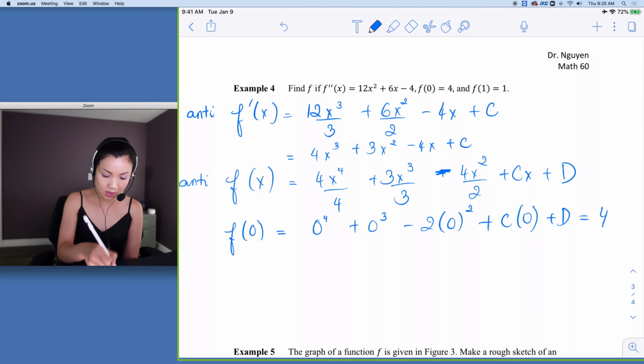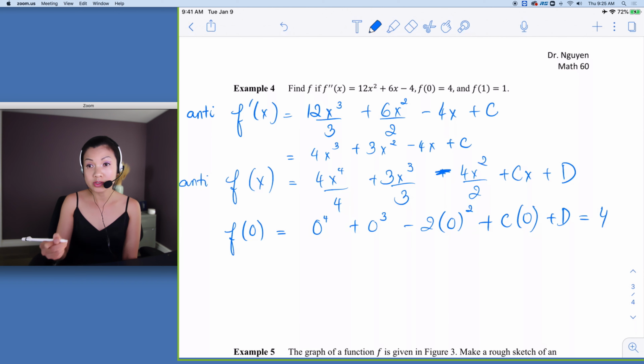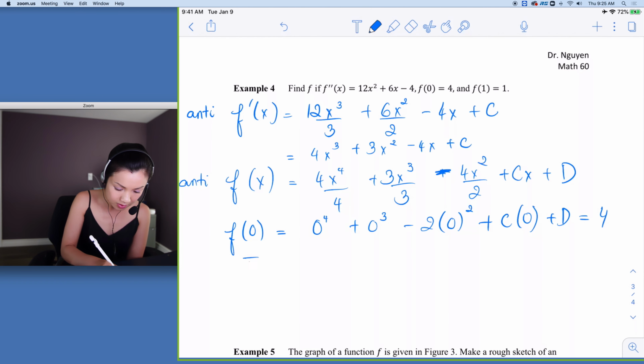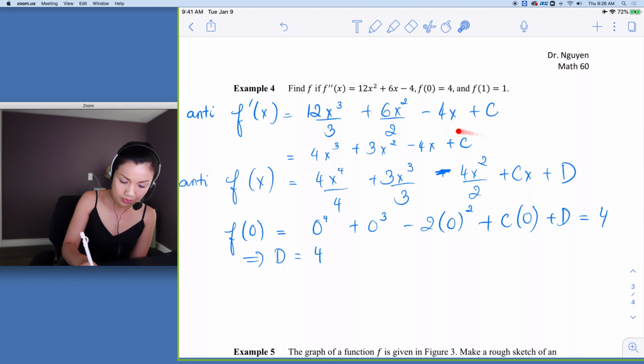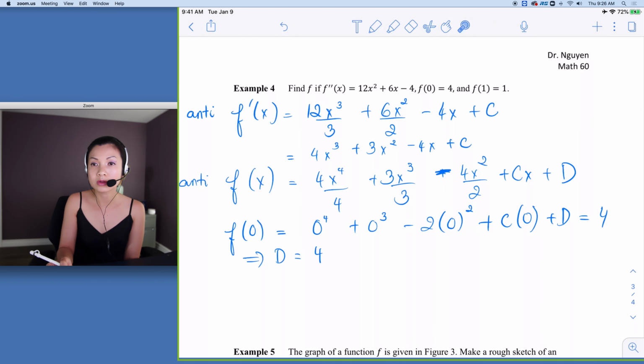Okay, so we have 0, 0, 0, 0, 0, so d has to be 4. Now, I'm going to go back and use this one. Okay, so we're going to have to evaluate f of 1.